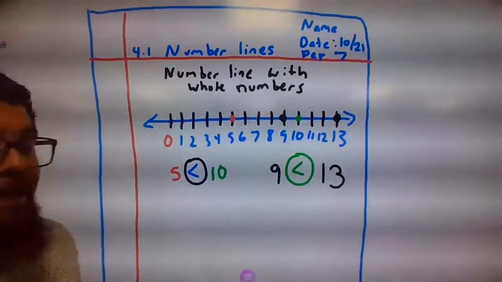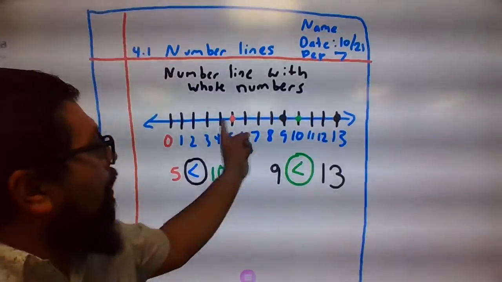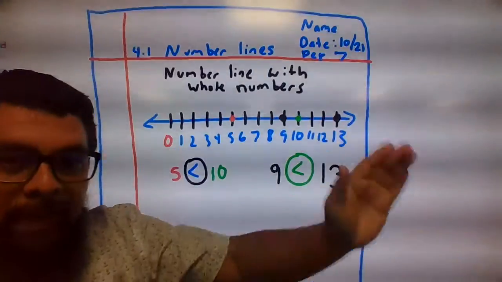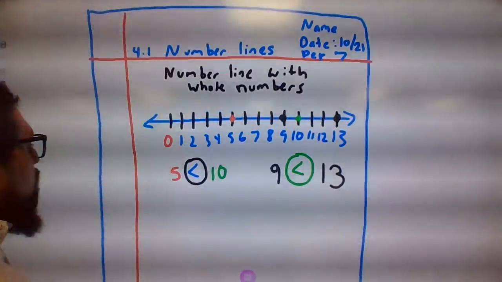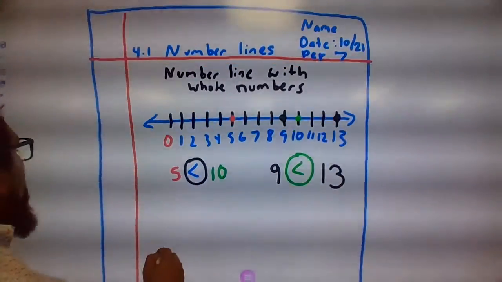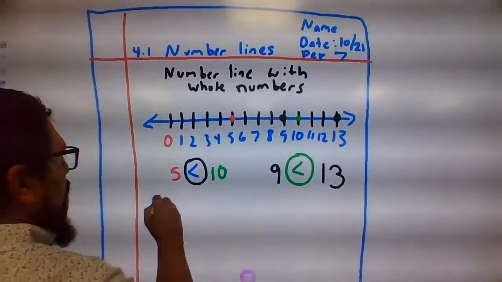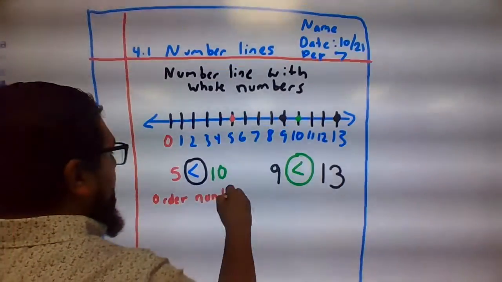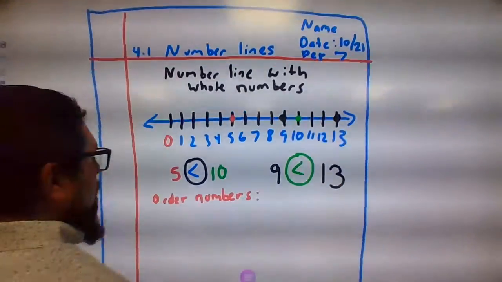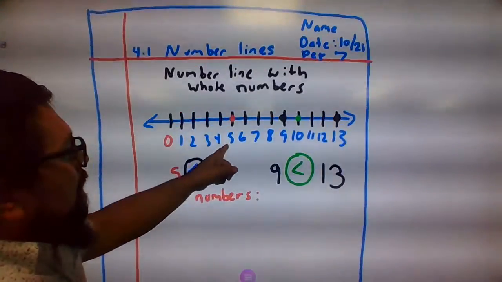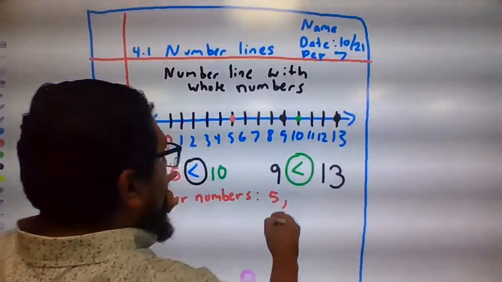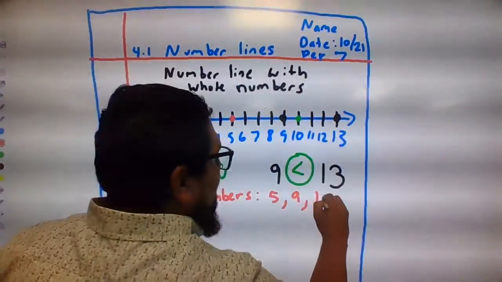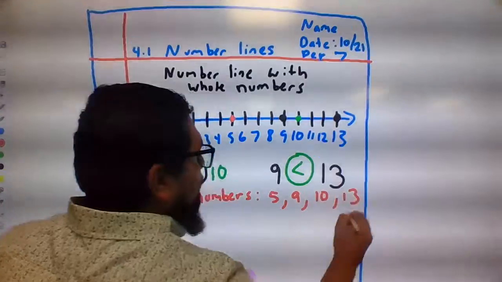Finally, let's put our numbers in order, from the smallest to the biggest. According to this, the smallest is 5, then 9, then 10, and then 13.